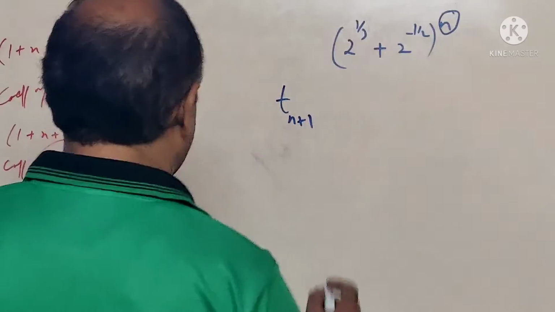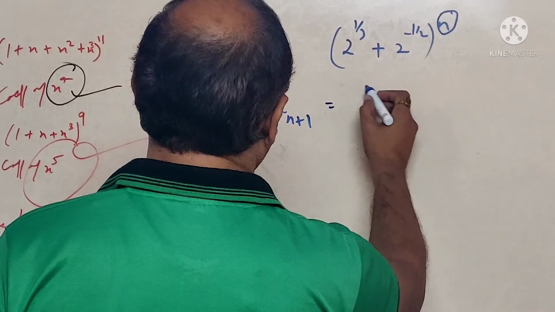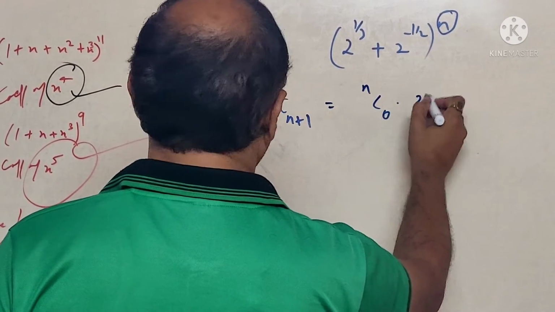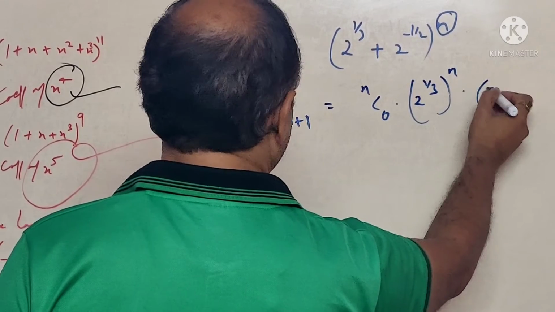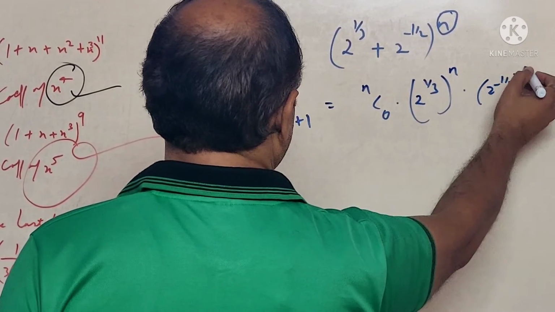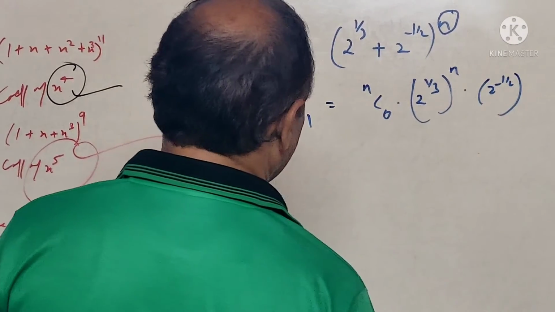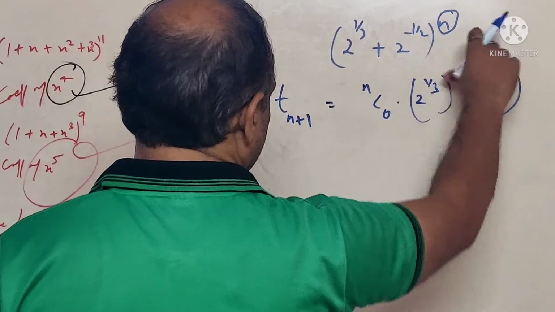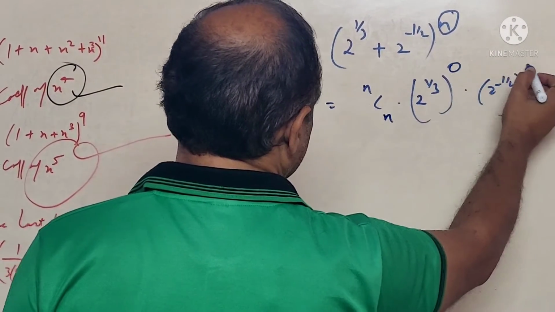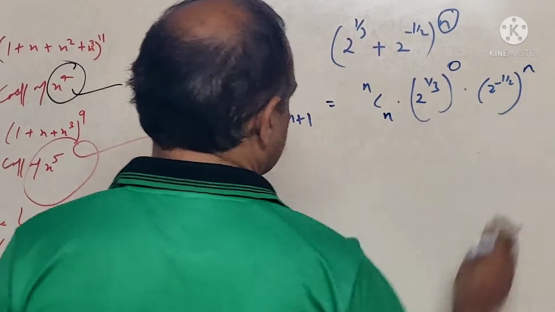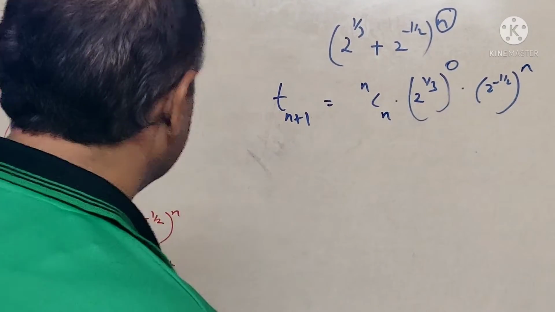Now here the (n+1)th term is equal to nC0 (2 raised to power 1 by 3) whole power n into (2 raised to power minus half) whole raised to power 0, because we have to go for nCn. Clear?